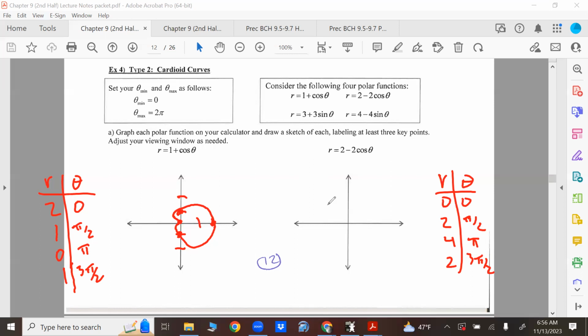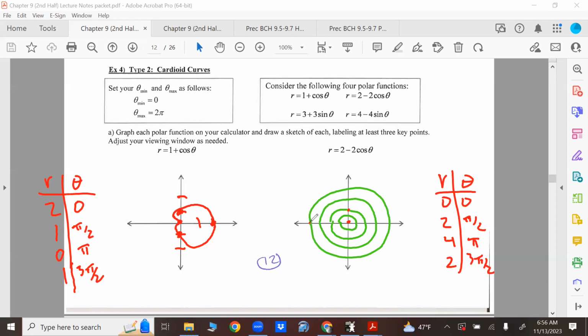So again, we probably should be making a polar coordinate system here, or using polar paper. So 0, 0, right there. Pi over 2 and 2, right there.